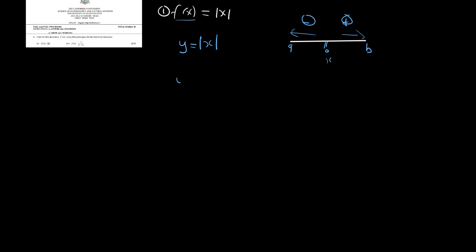So I'll say y is equal to the absolute value of x. Then I'll square both sides, so that I remove that magnitude or absolute value. This is y squared is equal to x squared, like that.